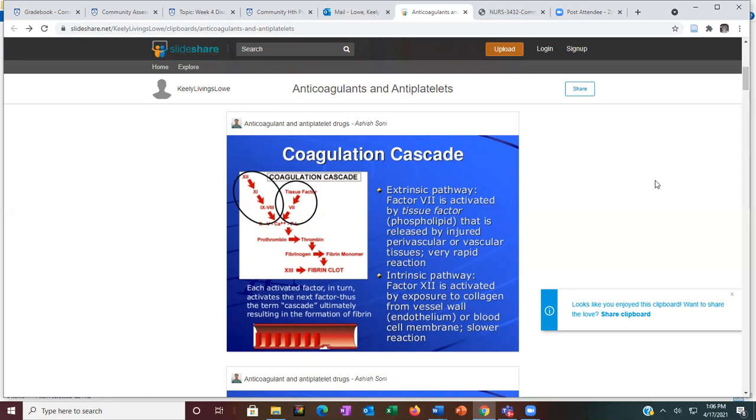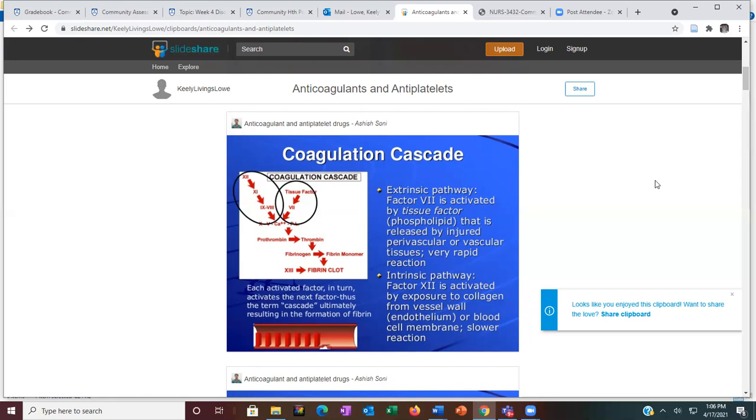And it's only given as a reversal agent for someone who is having life-threatening or uncontrolled bleeding. So let's say that I've been in a car accident, or I've had major surgery, or something like a surgery that was emergent. Then the patient could be given this Andexxa to bring their clotting time down so that the risk of bleeding out while on that medication isn't so severe.